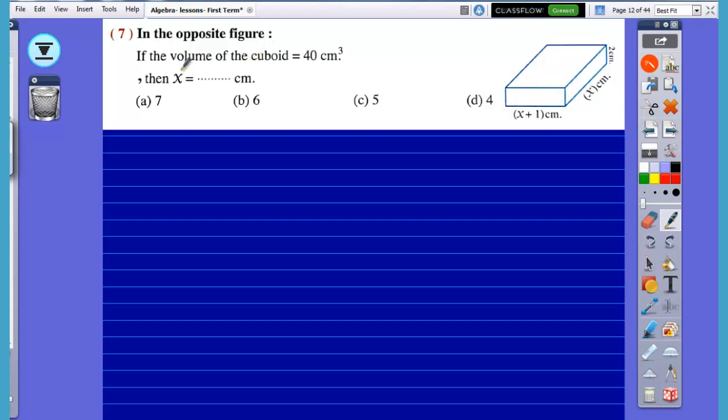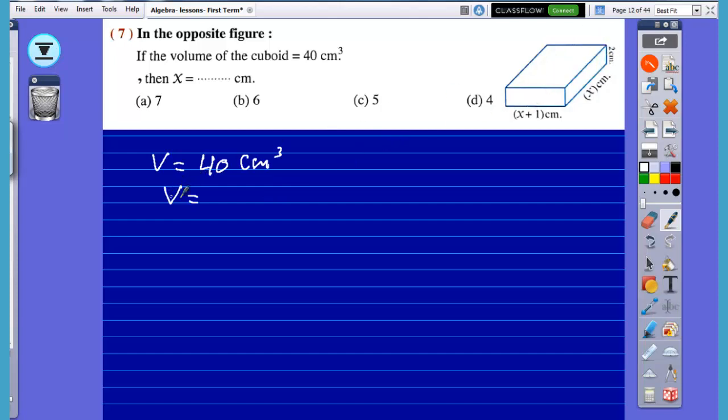Next question. In the opposite figure, if the volume of the cuboid is 40 centimeter power 3, then x equals, here the required is to find x. The volume of the cuboid equals the product of its 3 dimensions, or the area of the base multiplied by its height.